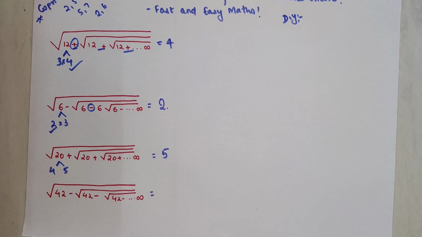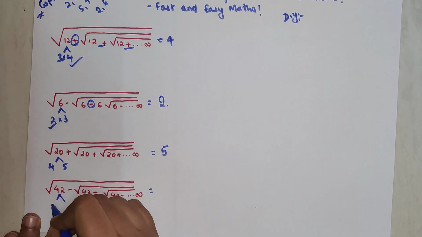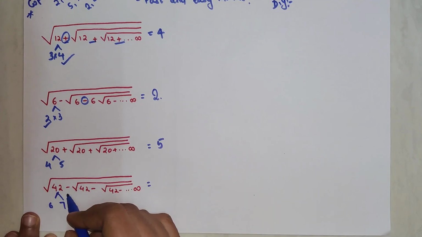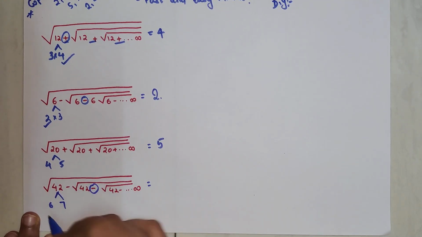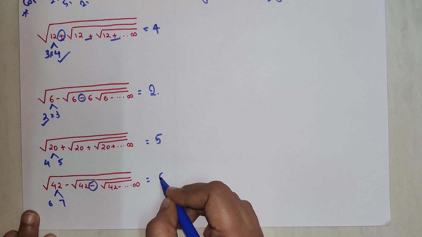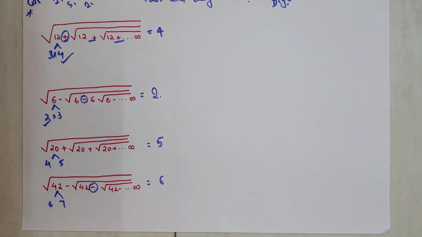But that's not going to work. We need to find a pair of factors which are co-prime. So here we can write this as 6 and 7. Since the sign is negative, we'll take the lower value. So the answer for this one is 6. I hope you all are getting how to do this.